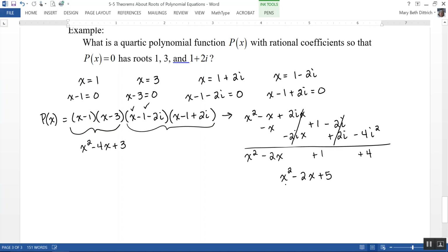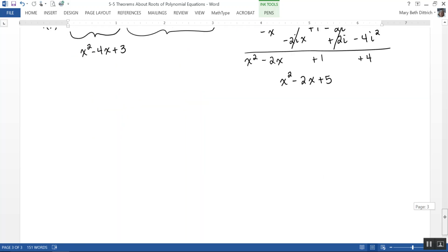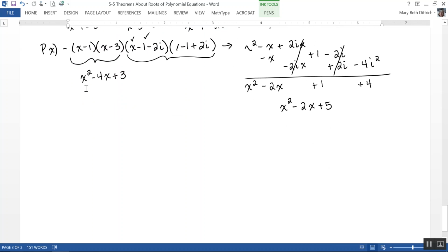So now I need to multiply that times what I had over here. To do that, let me give myself a little more room here. I'm just going to put it underneath and do it kind of like a multiplication problem here. So I'm going to do this 5 times my trinomial on top. So 15 minus 20x plus 5x squared.